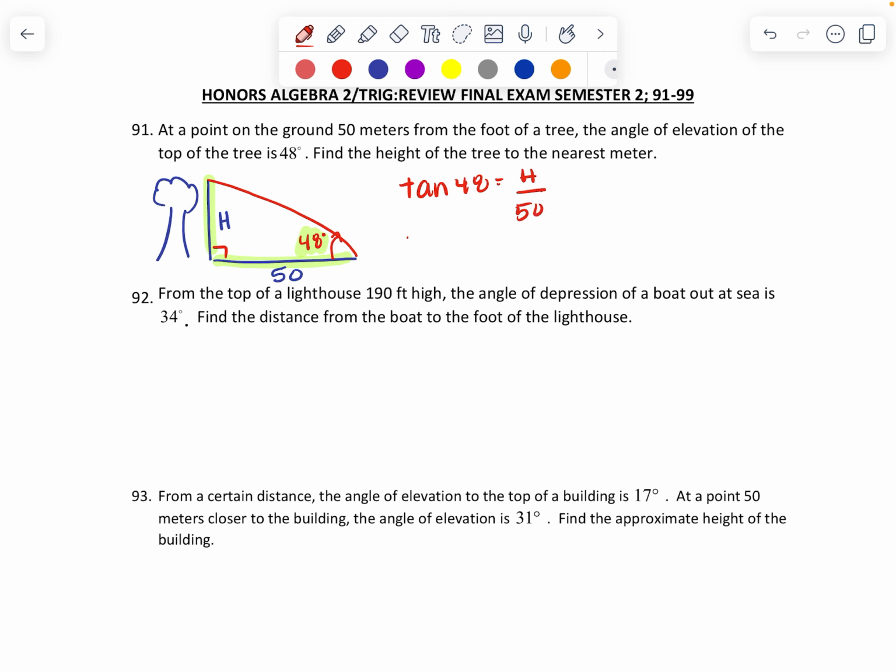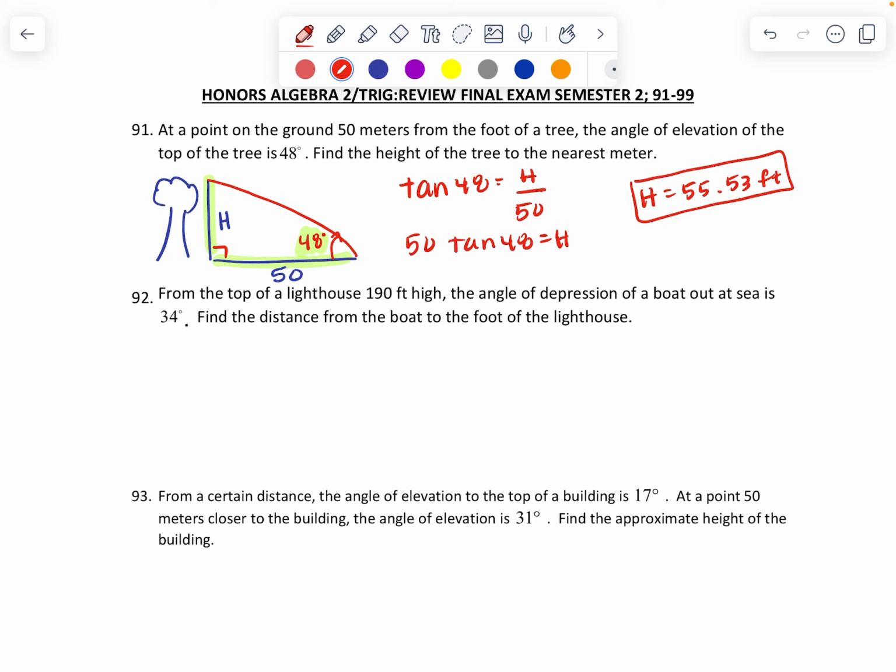And then multiplying both sides by 50, I'm going to get 50 tangent of 48 equals H. And then plugging that into your calculator, 50 tangent 48, I get that the height of the tree is 55.53 or something like that. Does it say what it is? Feet, I guess.